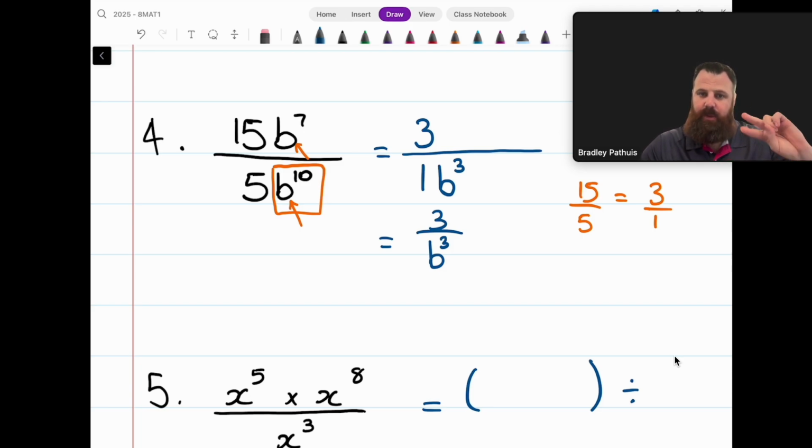Well, the difference between 10 and 7, subtraction, is 3. So we know our answer's got to be something to do with b to the power of 3. And in fraction format, the most b's, the highest powered b, was at the bottom. So b to the power of 3 goes to the bottom, goes to the denominator. And that's where we get our answer of 3 over b to the power of 3 from.